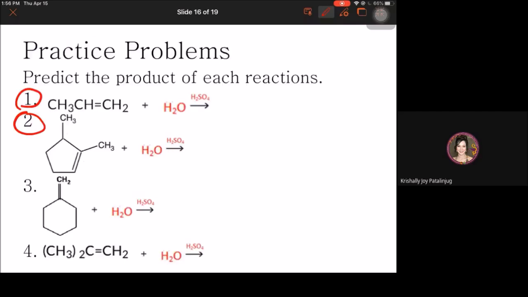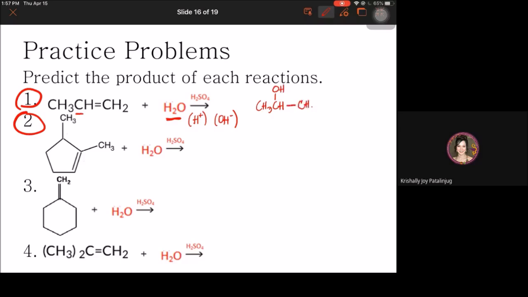Let me answer number 1. Hydration in the presence of acid catalyst. Again, the electrophile that will be produced from this reagent is an H plus and an OH. So follow Markovnikov's rule. So this becomes CH3, CH, then here goes the OH, because this carbon has fewer hydrogen substituents.